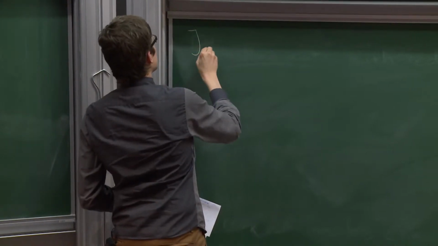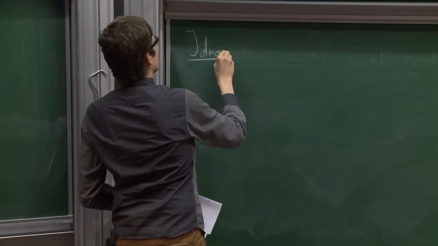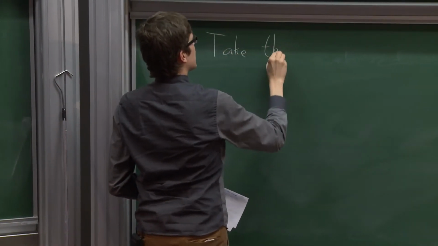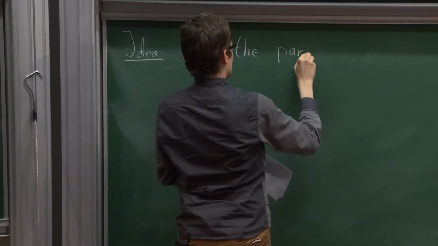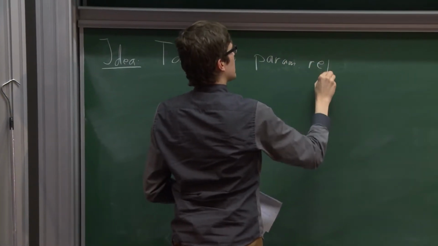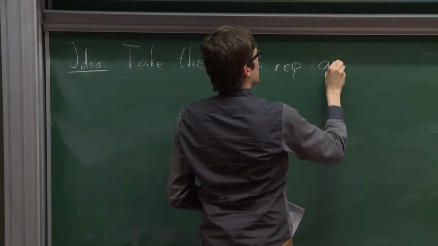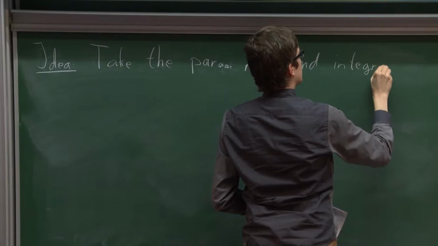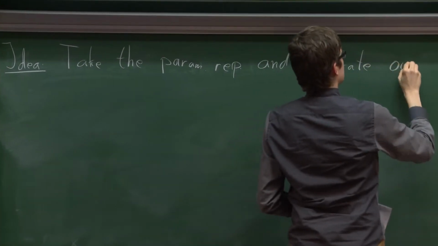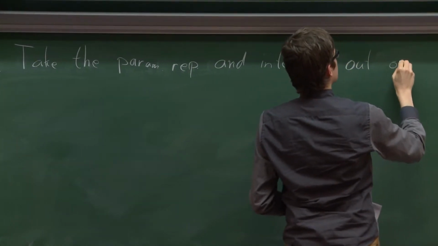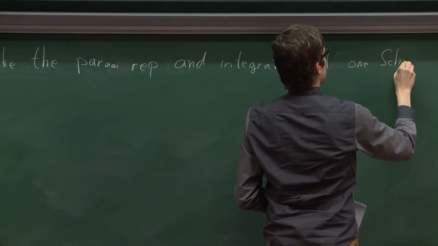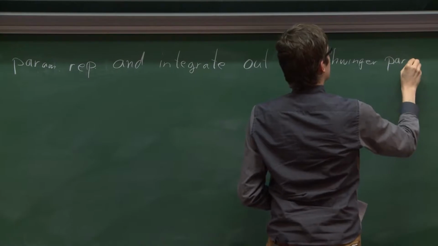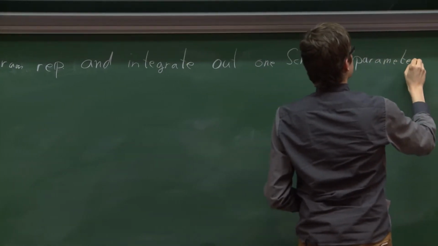So the idea that we want to follow is to take the parametric representation and integrate out one Schwinger parameter at a time.